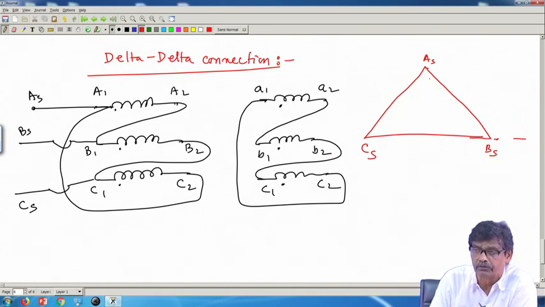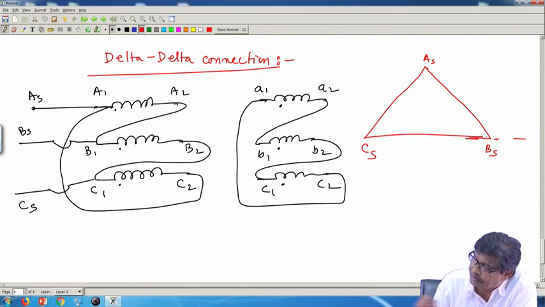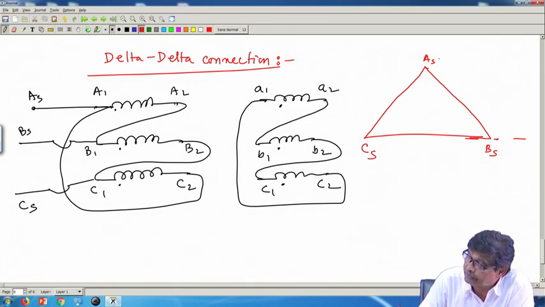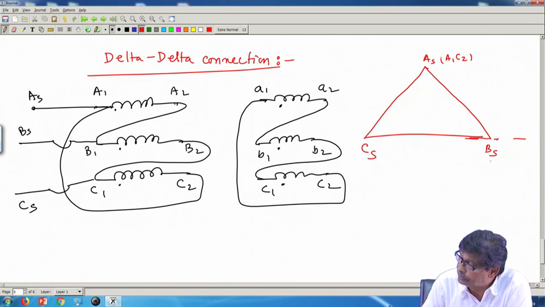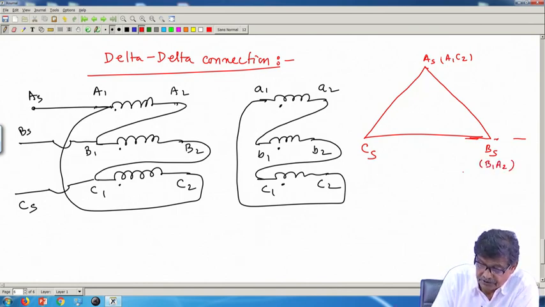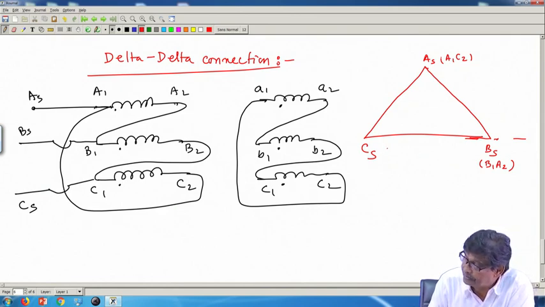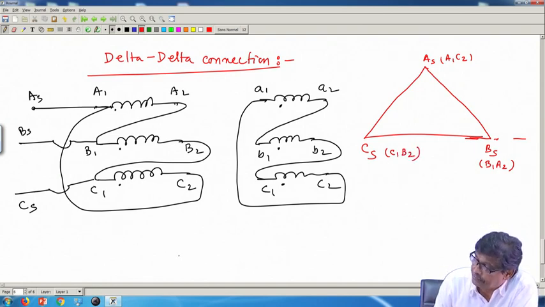I am not putting the arrows, that is understood. AS, BS, CS, like this. And then what is the next step? AS you have connected to capital A1 and C2. So, capital A1 C2. BS I have connected to B1 and A2, same potential because of this connection. CS is connected to C1 B2. This will be the thing.